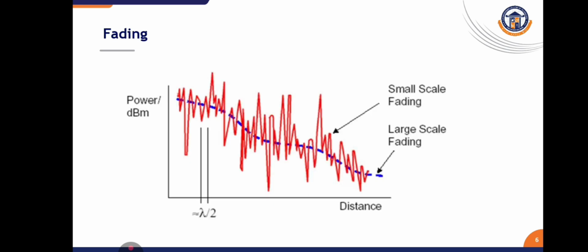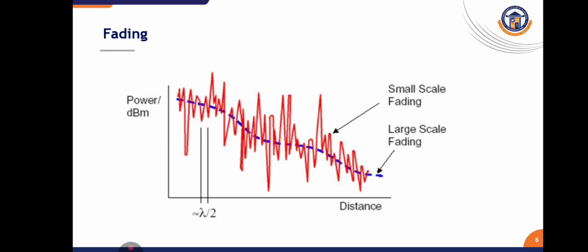So there's one graph for the fading. We can see the small scale fading and the large scale fading. Large scale fading is represented by the smooth dashed blue line, and shows the average received power decreasing with distance because of path loss due to distance and shadowing from large obstacles.